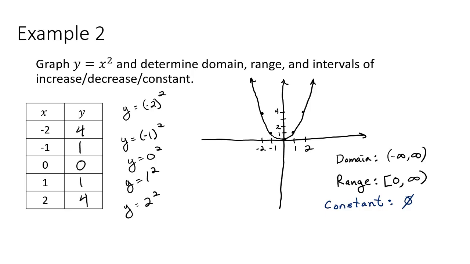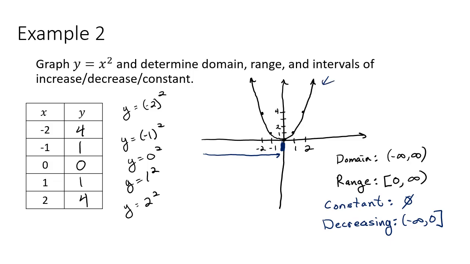For the left-hand side of this function, as we read from left to right, the y values are decreasing. So this is decreasing up until the vertex. So in terms of x, that's from negative infinity up to 0. And again, always brackets by convention for increasing, decreasing, and constant.